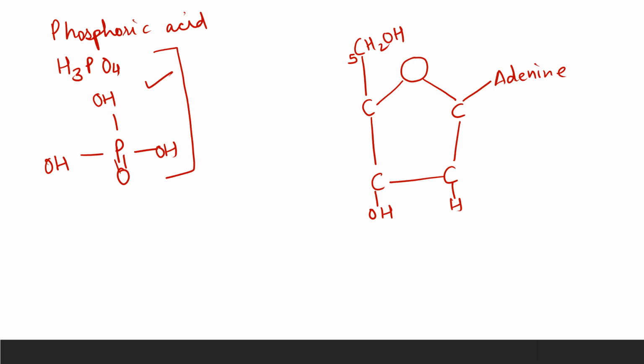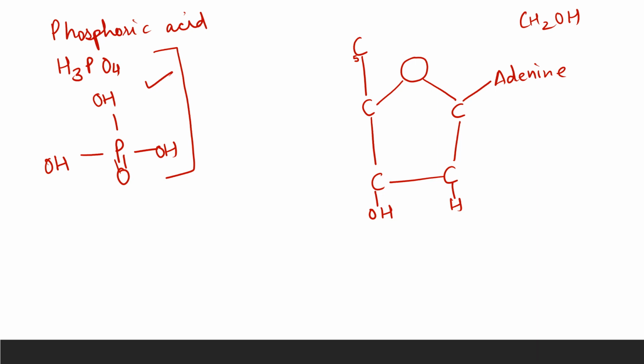Let's open C5 also. So what we are adding here, that is CH2OH, right? So this is the fifth carbon, and on the fifth carbon we are joining this phosphoric group, right?